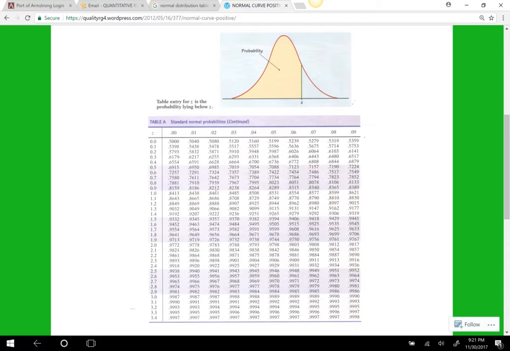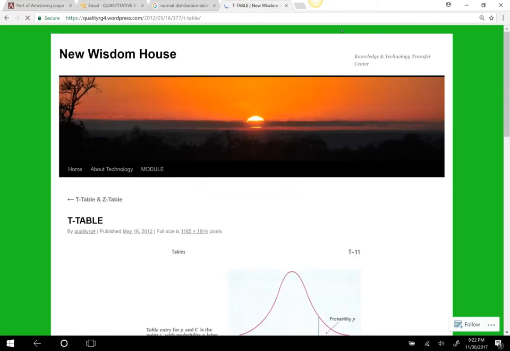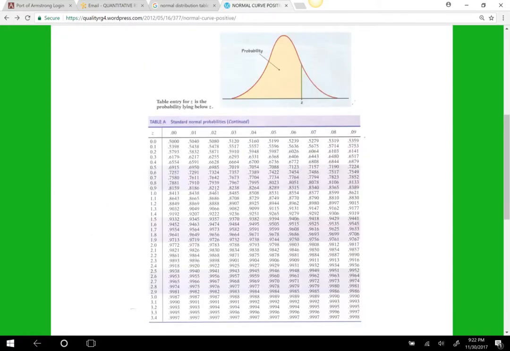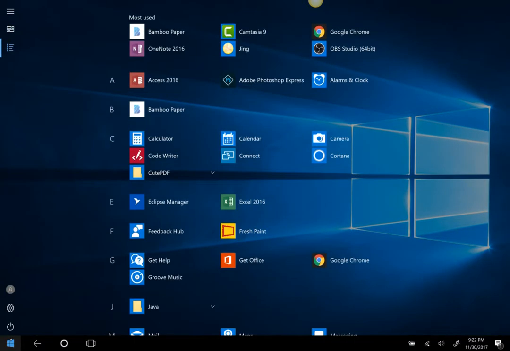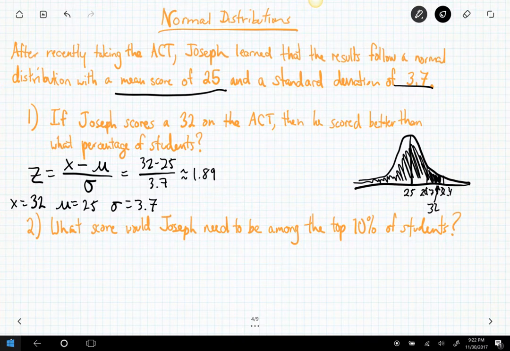Notice we start at the 1.8 row. That's the z-score. We scroll on over until we get to the 9 right there. Notice we have a 0.9706. Okay, so 0.9706 is actually what we got, and that will be our answer here.